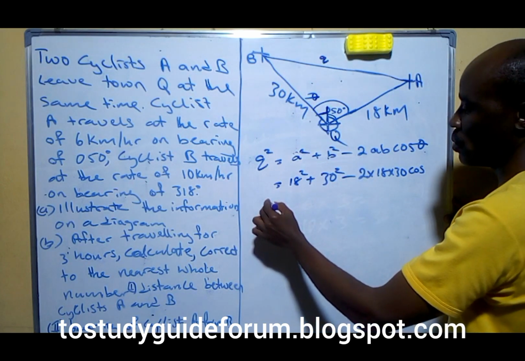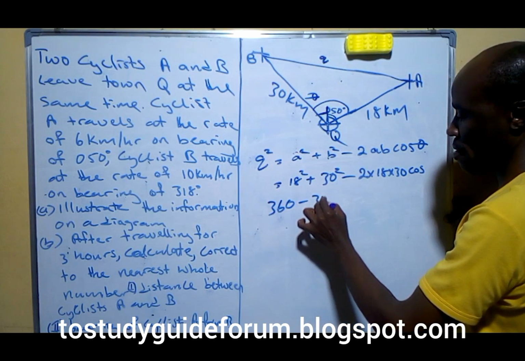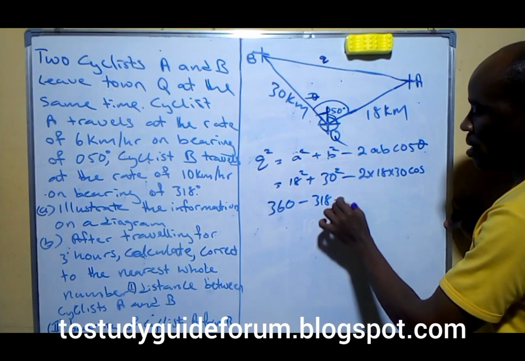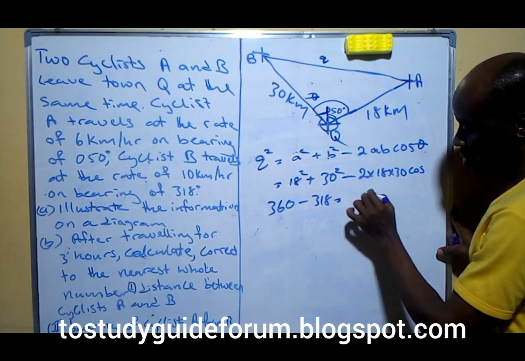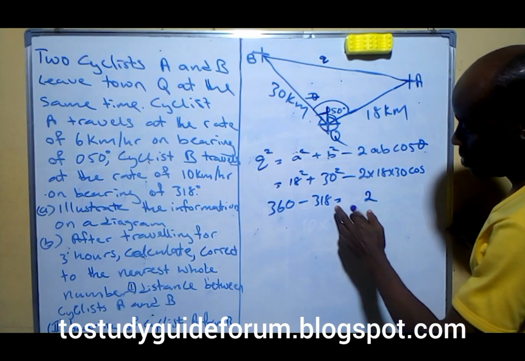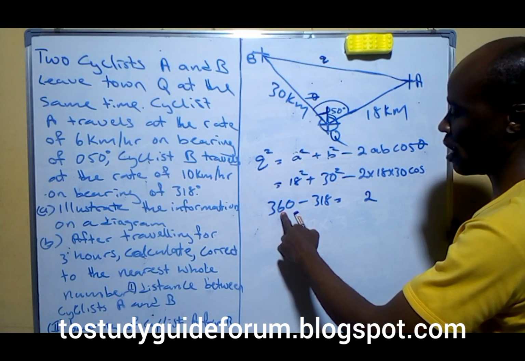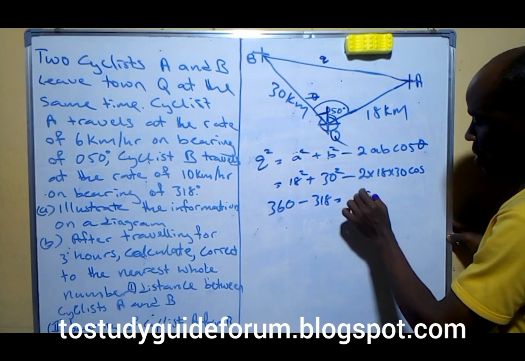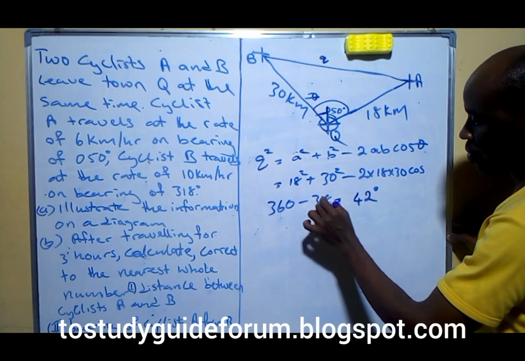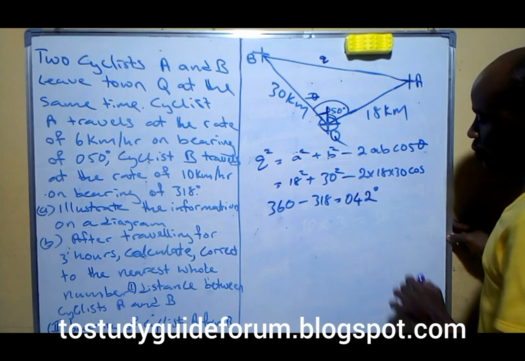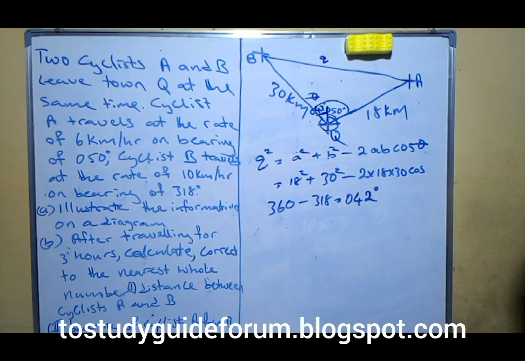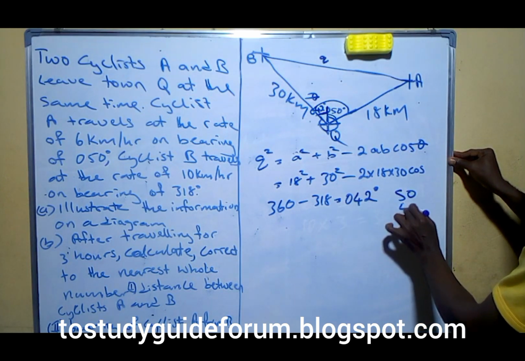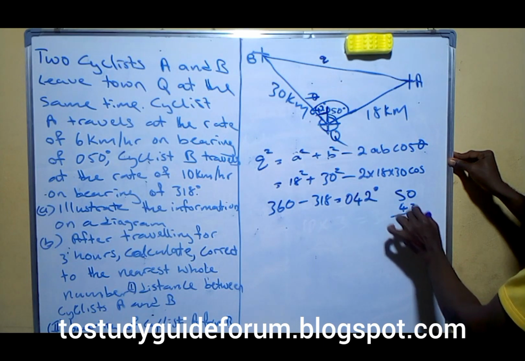So we say 360 minus 318, which gives us 42 degrees. So here should be 42 degrees. When we add the two together, 50 and 42, we have 92.